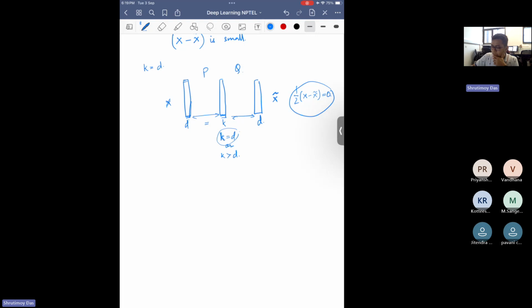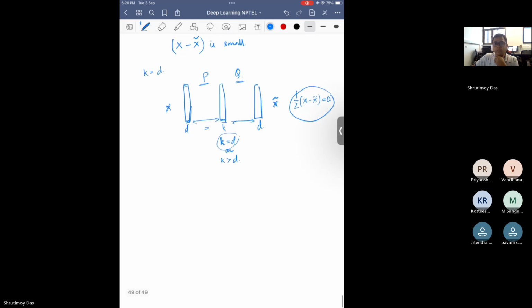And then when you reconstruct it, suppose our loss is 0, that is, we are getting the exact reconstruction. So what is a possible p or possible q in this case? Is this clear?